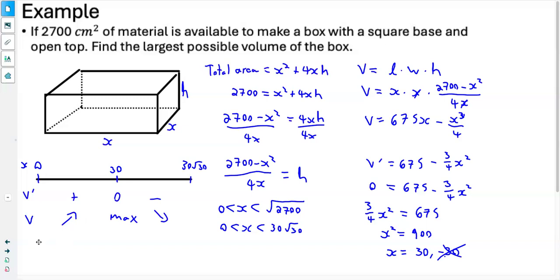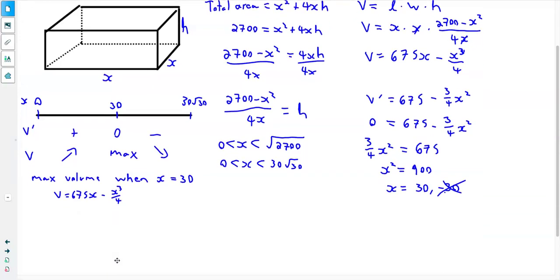So we know that we have our max volume when x equals 30. But that's not what it's asking for. It's asking us for what that maximum volume is. So what we'll now do is take our volume equation, which was 675 times x minus x cubed over 4. And we'll substitute that 30 in.